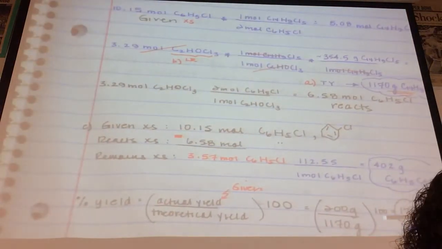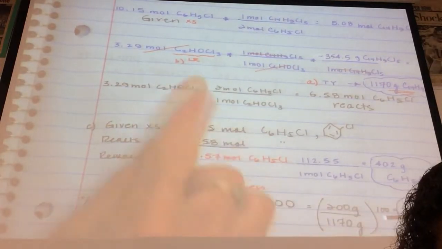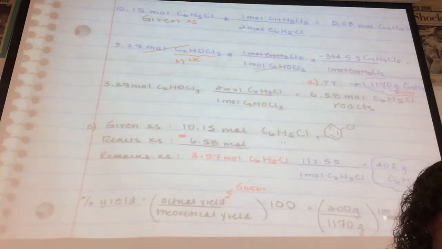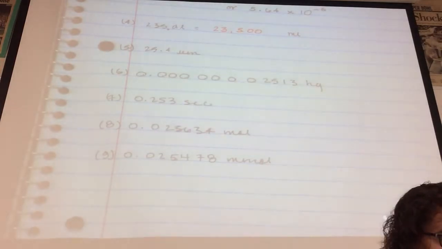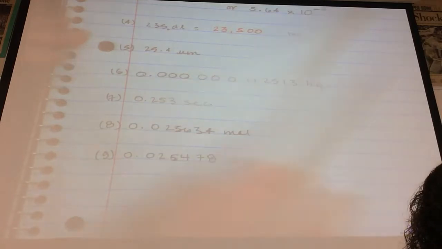And I don't want you to absorb this per se. What I want you to see is that you've got multiple steps along the way. And as a result, learning how to do the factor label method effectively is critically important for success in chemistry.